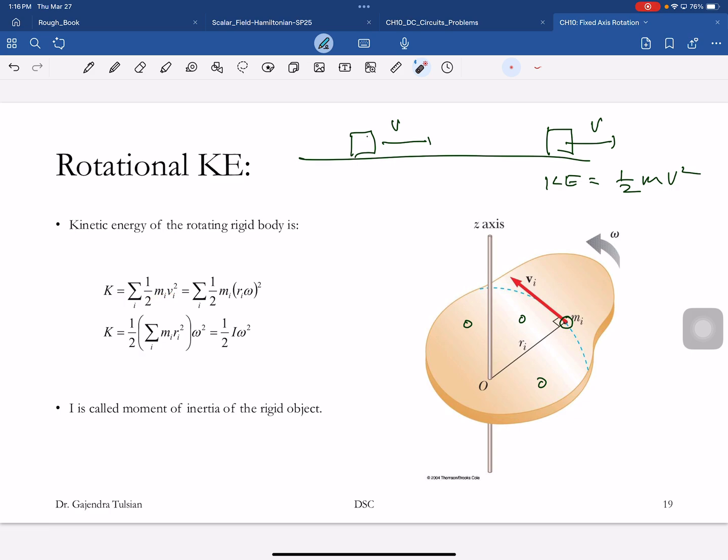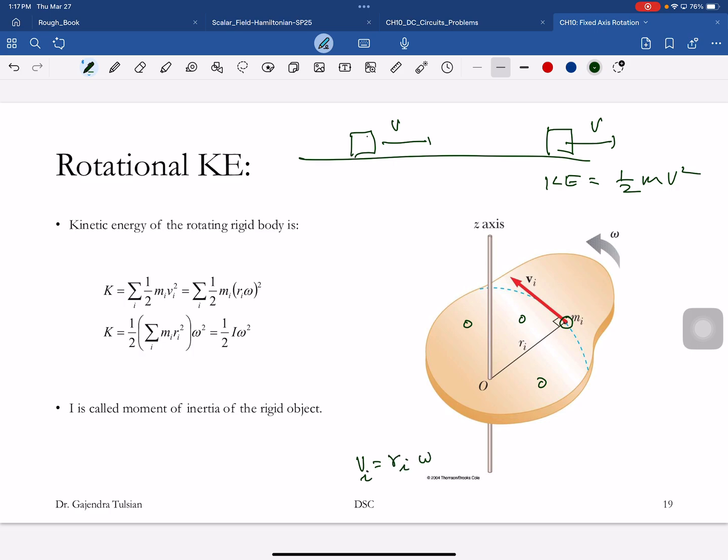This is a little hard to do, but let's do a little trick. This velocity is related to the angular velocity. v_i is r_i, how far you are from the axis, times the angular velocity.